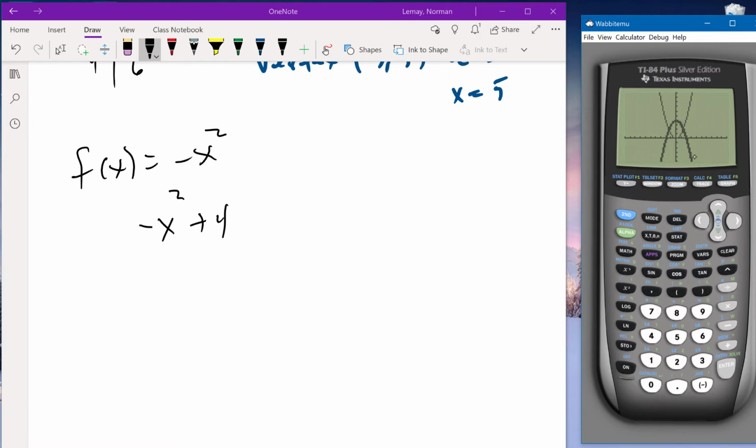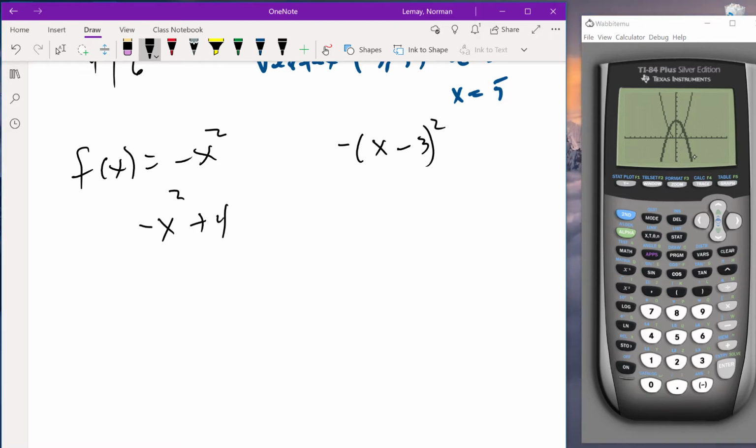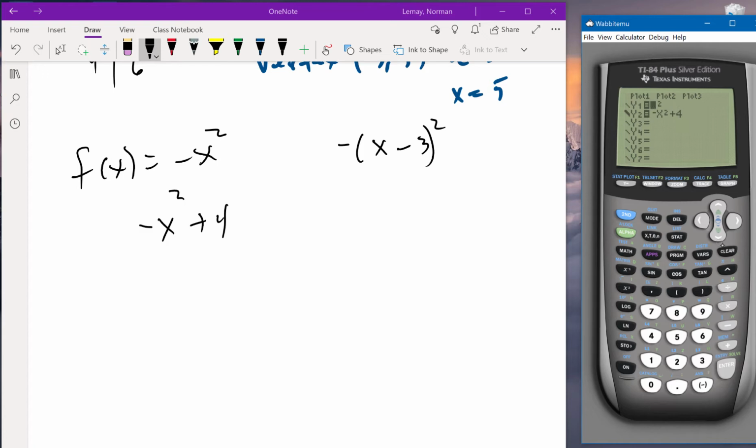Well, what do you think is going to happen if I take a look at negative x minus 3 squared? Again, we know that this is going to be a shift to the right 3 units, and this negative should flip the graph. Well, let's verify our guess.